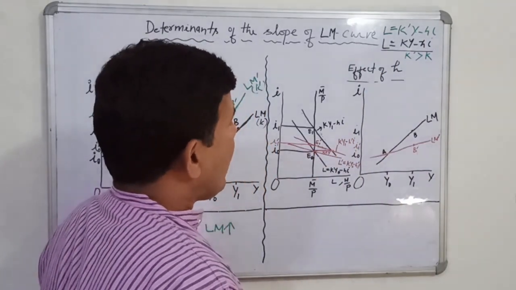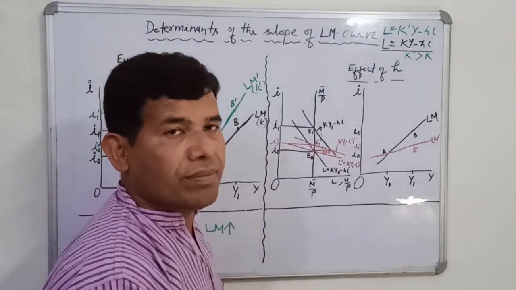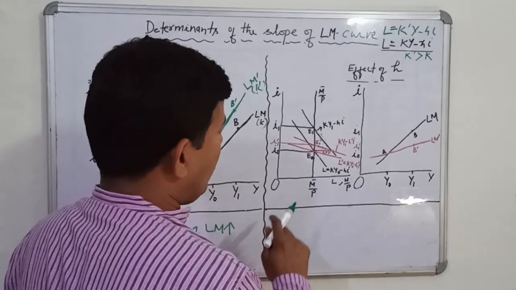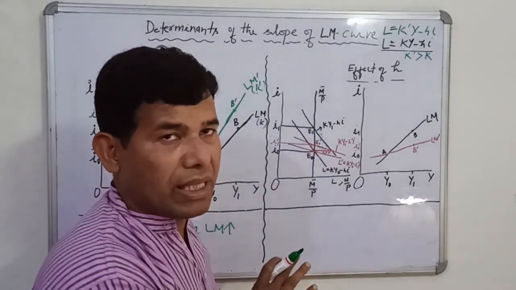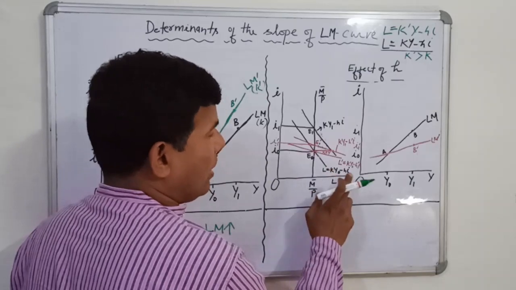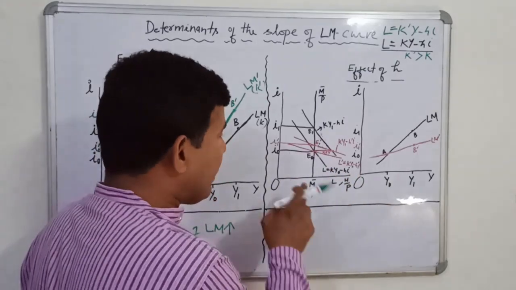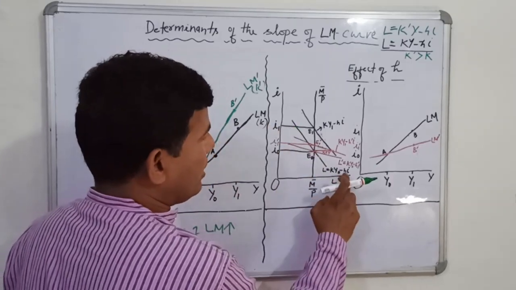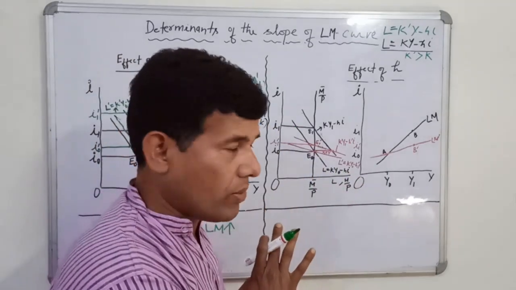Now, when we are deriving the money demand line, we always take K as constant and Y as constant, and then we try to find the relationship between money demand and the rate of interest, because the rate of interest appears only in the second term, right?